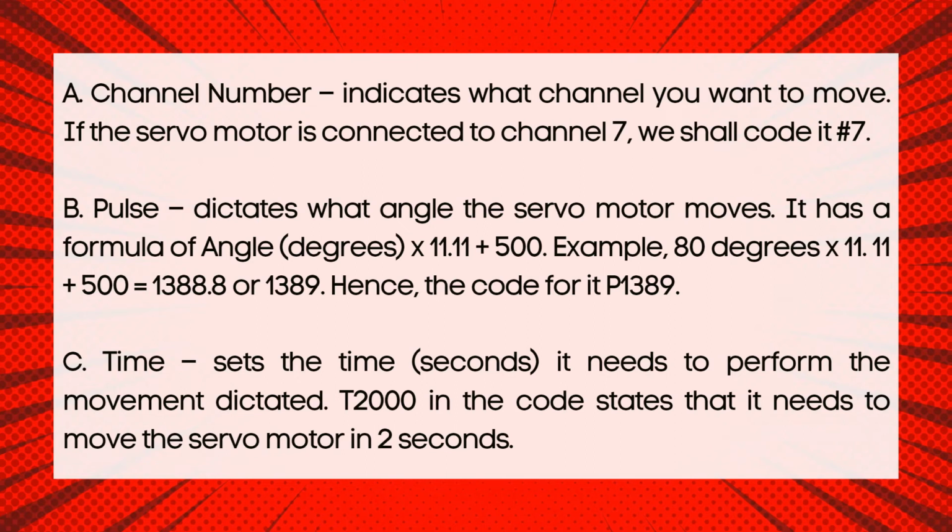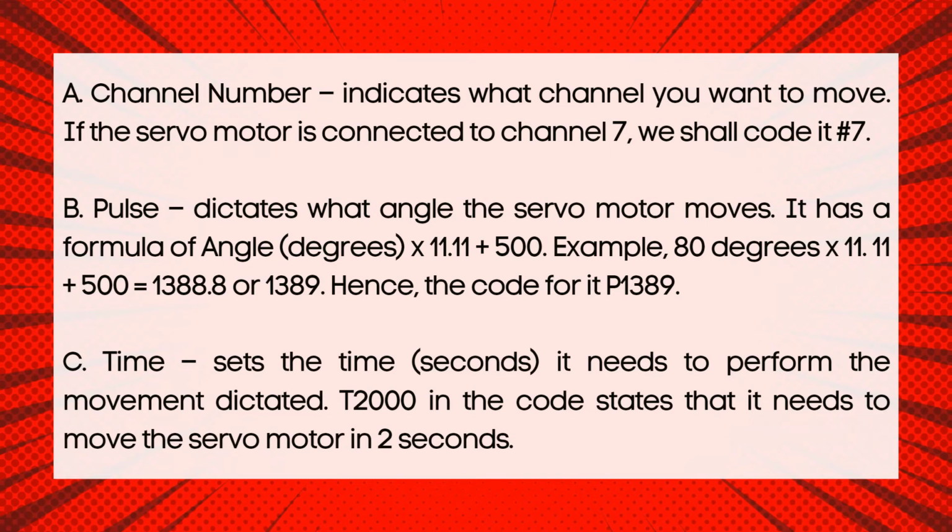Next, the pulse. It dictates the angle movement of the servo motor. So it is very important to have your formula with you. That is the angle degrees times 11.11 plus 500. And then you are able to know what code you are going to use for your servo motor.